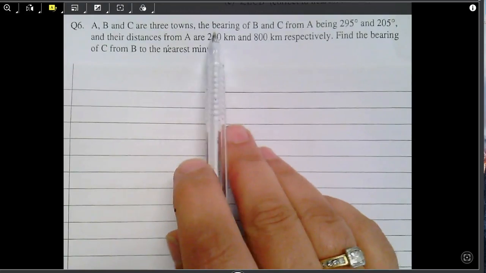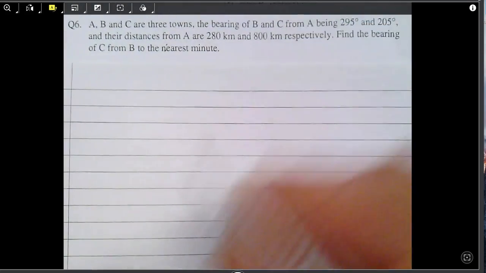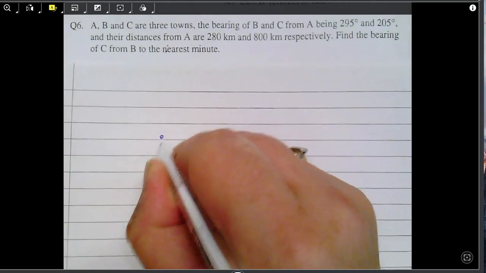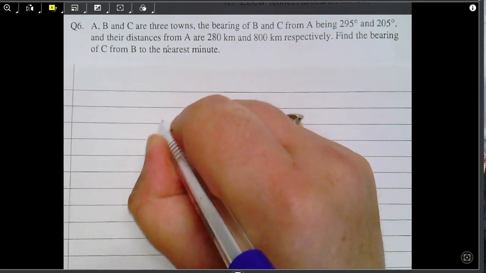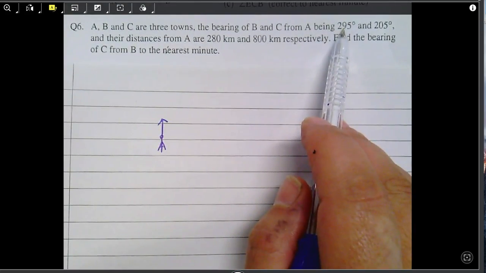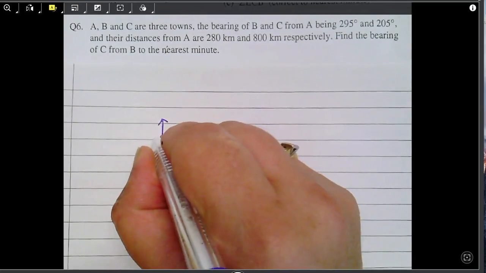A, B and C are 3 towns. The bearing of B and C from A. So we want to be starting from A, putting a north sign there. The bearing of B and C from A are 295 degrees and 205 degrees respectively.